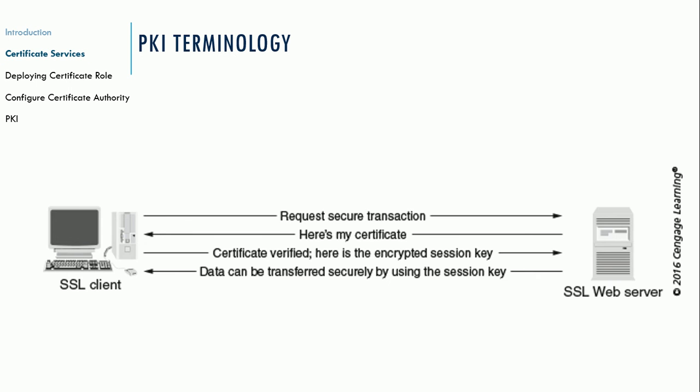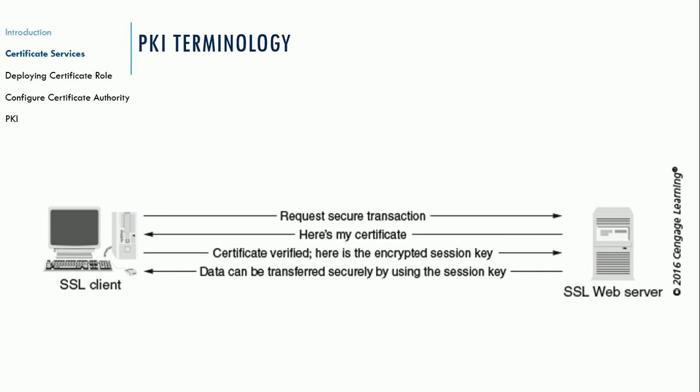So basically, with PKI, this is just an example with a client and a server. A client, for example using Chrome or Microsoft Internet Explorer or Edge, requests a web page from a web server. It's going to request a secure transaction, such as when you use HTTPS in the URL.